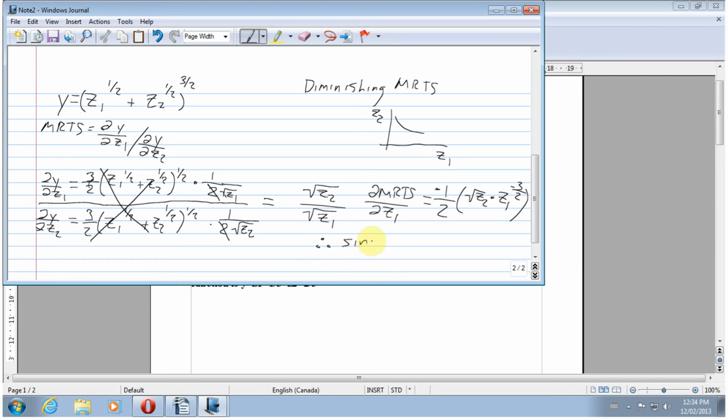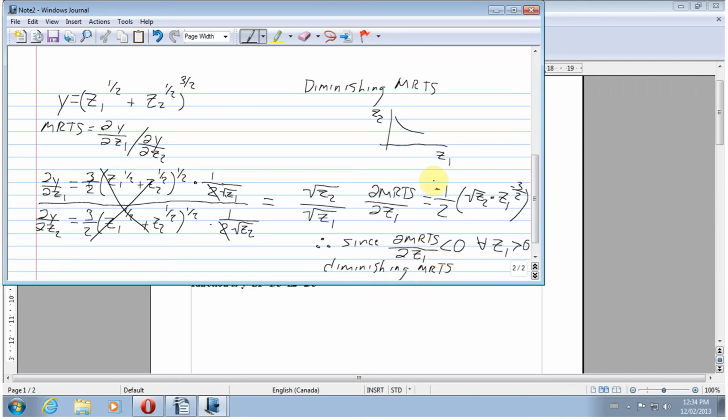Therefore, since dMRTS/dz1 is less than 0 for all, that's what that upside down A means, z1 greater than 0, diminishing MRTS.